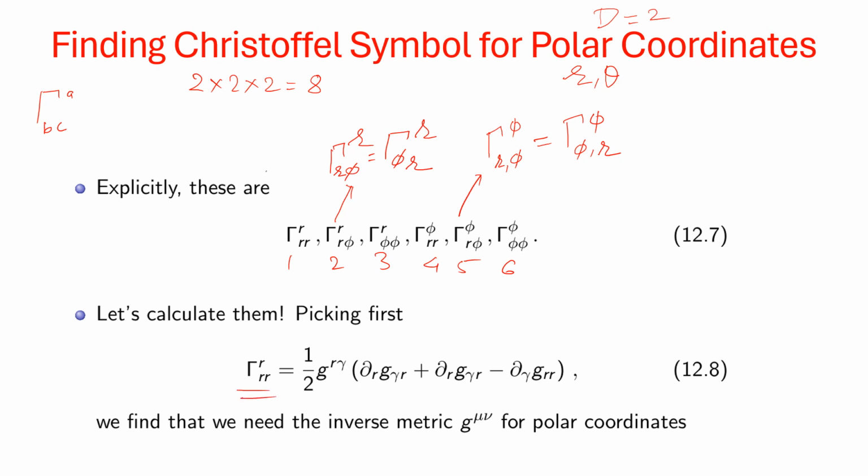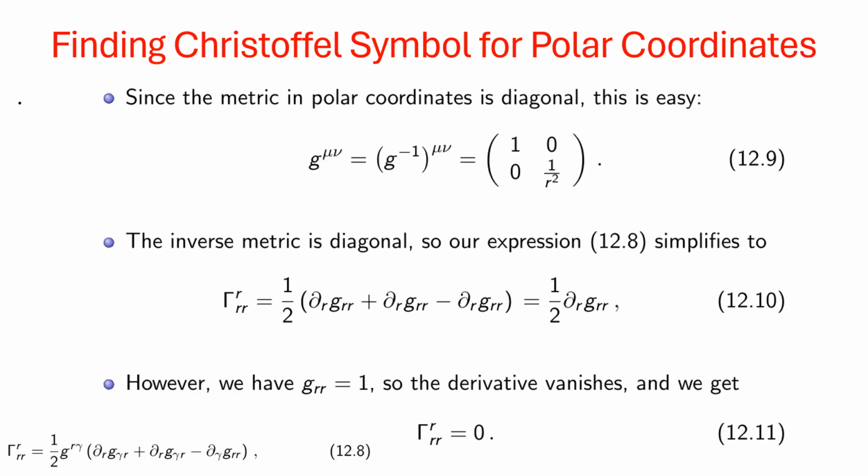Gamma r, dummy variable is small gamma appearing here, and this is the differentiation sign with respect to r. Now let us do that calculation. Here gamma mu nu, we have seen this is a matrix 1 0 0 r square.